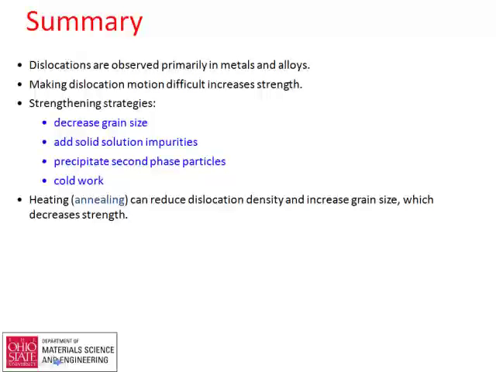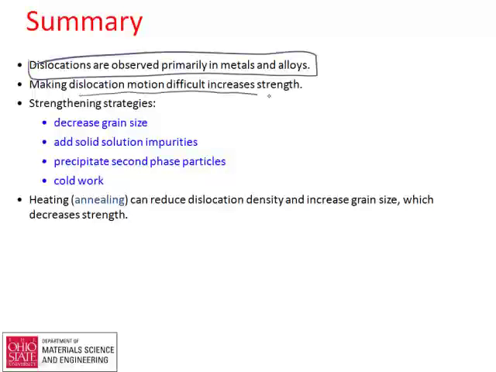So that's basically the summary of this. Dislocations are really important in understanding the mechanical strength of metals and alloys. Making dislocation motion difficult is the key to increasing strength. And we have a number of strategies, including decreasing grain size, adding solid solution impurities, adding second phase particles, cold work, and we can reverse the effects of cold working by annealing.